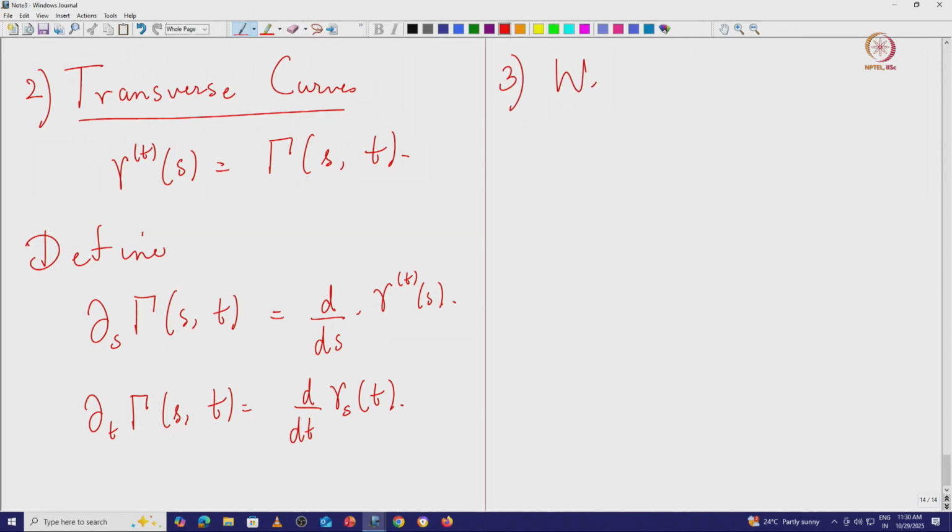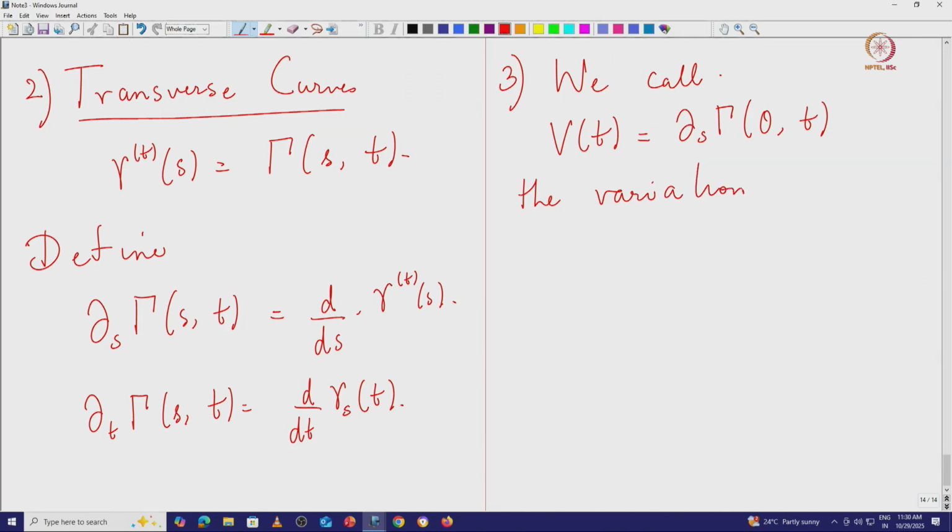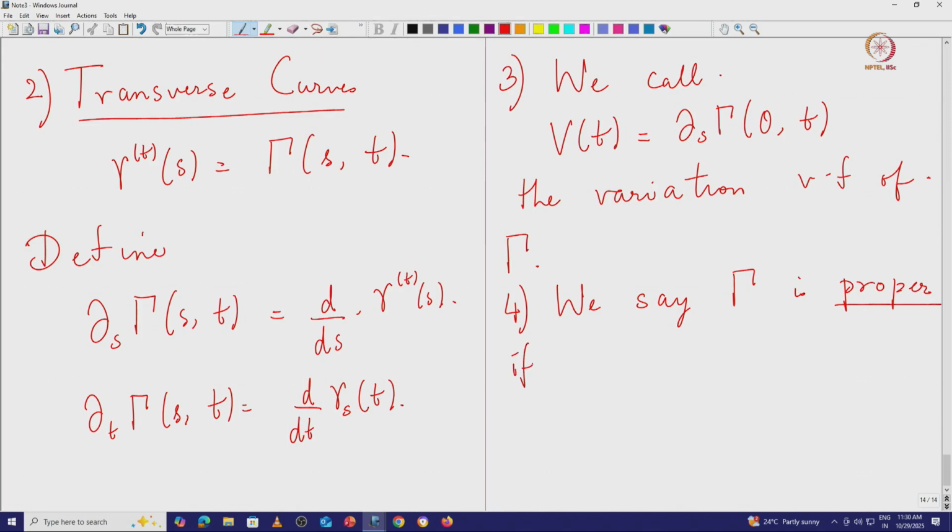Then third, we call V of t, which is simply del s gamma at 0 comma t, the variation vector field of capital gamma. Okay, and finally, we say that gamma is proper if the endpoints are kept fixed.